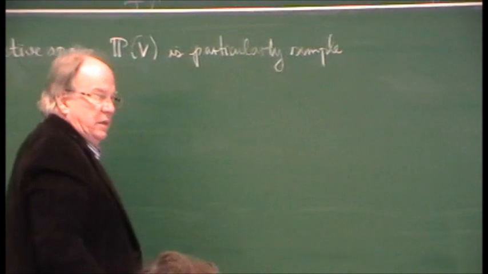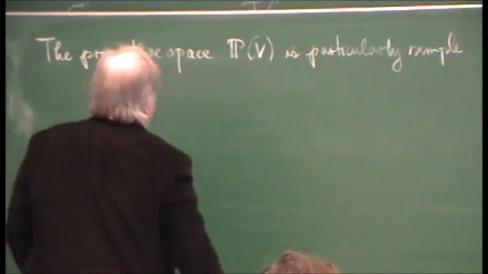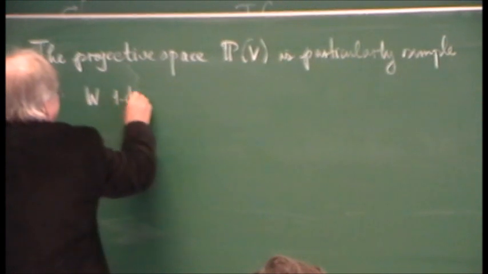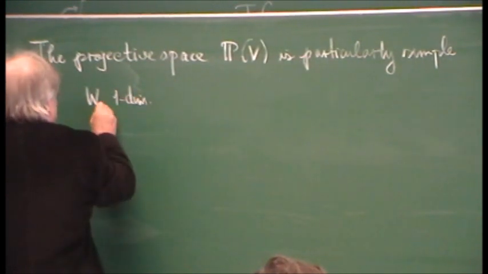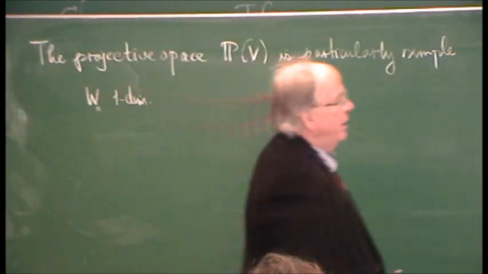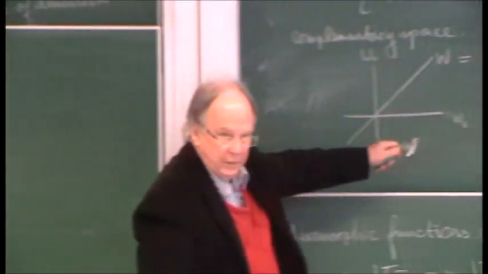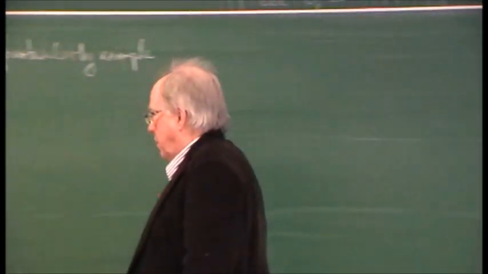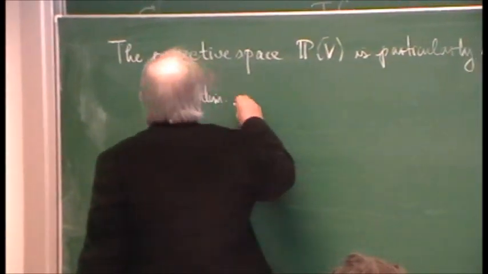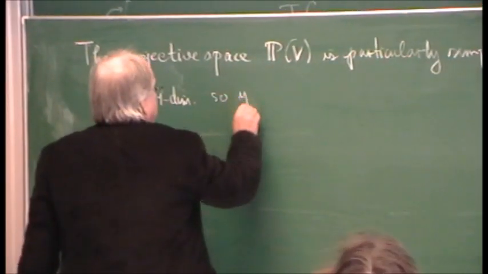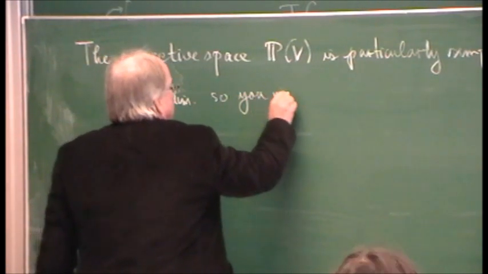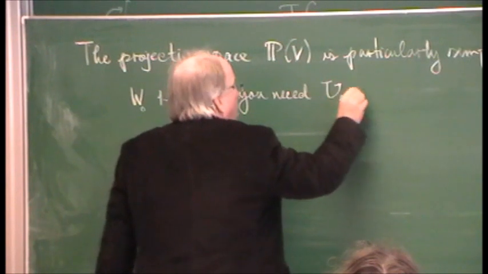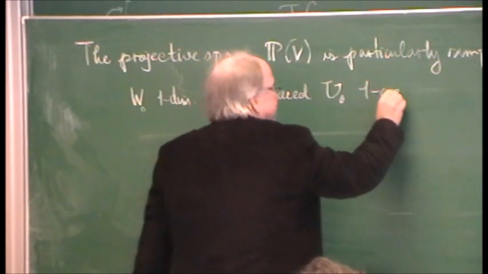And the reason is that if you have W one-dimensional, say W0, you want to take a neighborhood of W0 like here, look at all movements of W0, it's one-dimensional. So what you need is U0, one codimensional.